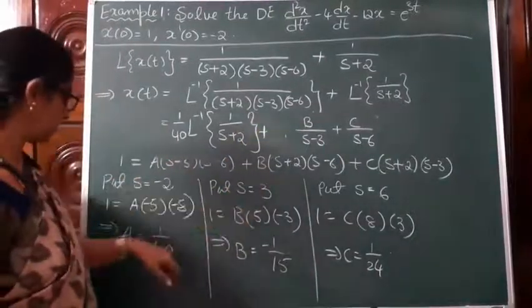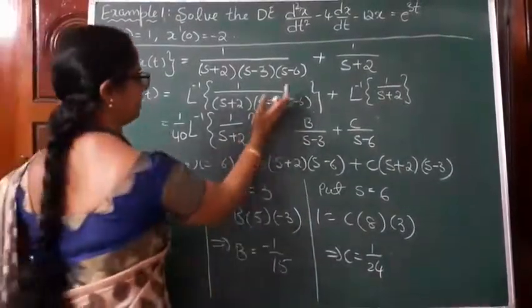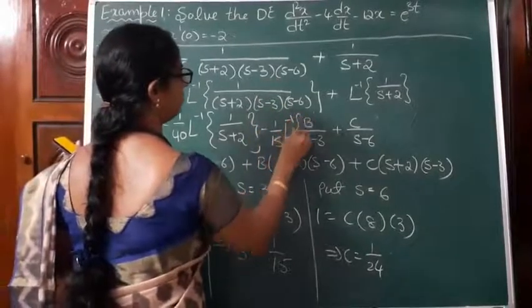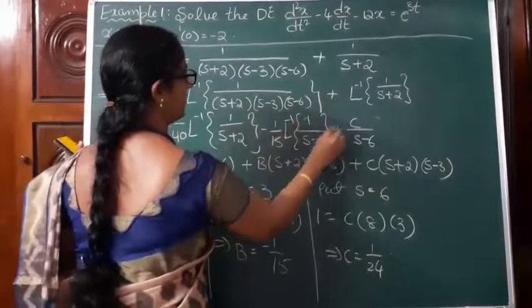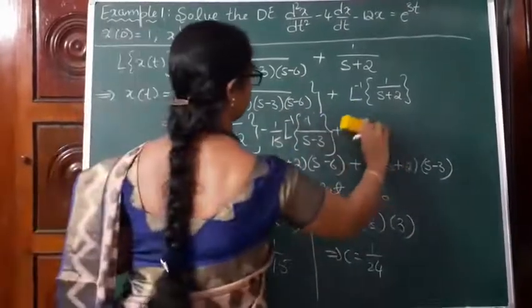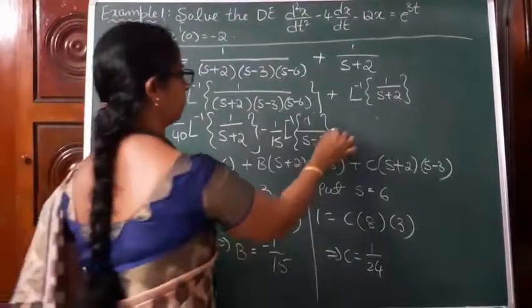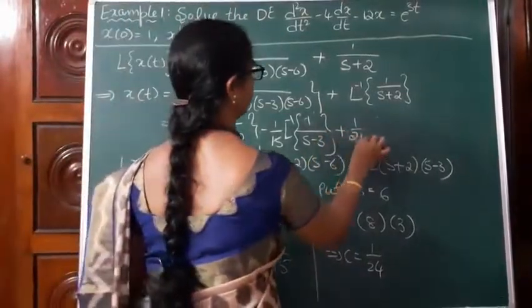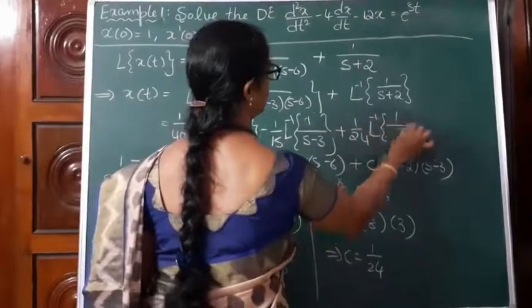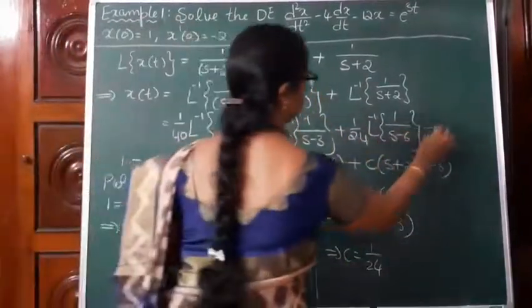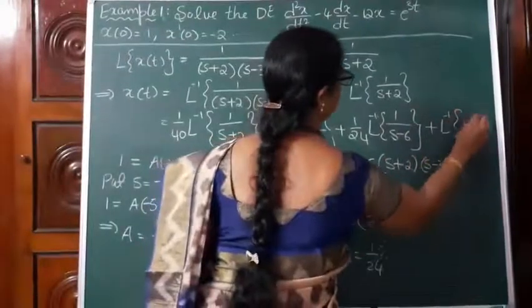B is minus 1 by 15. So this is minus 1 by 15 into L inverse of 1 by s minus 3, plus C by s minus 6. C is 1 by 24. So this is plus 1 by 24 into L inverse of 1 by s minus 6, and we have another term here, L inverse of 1 by s plus 2.